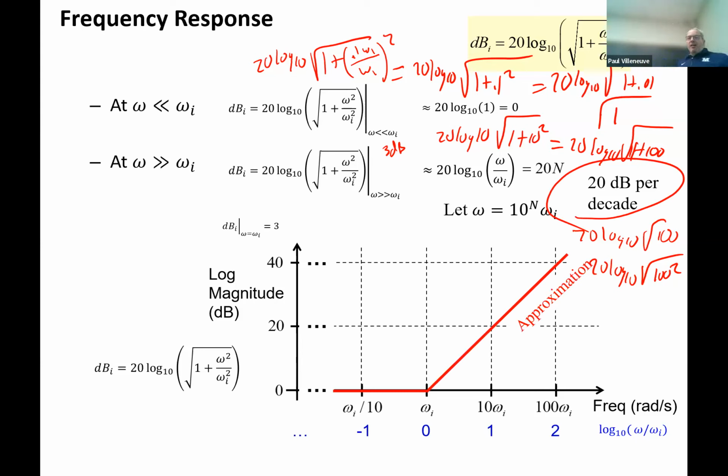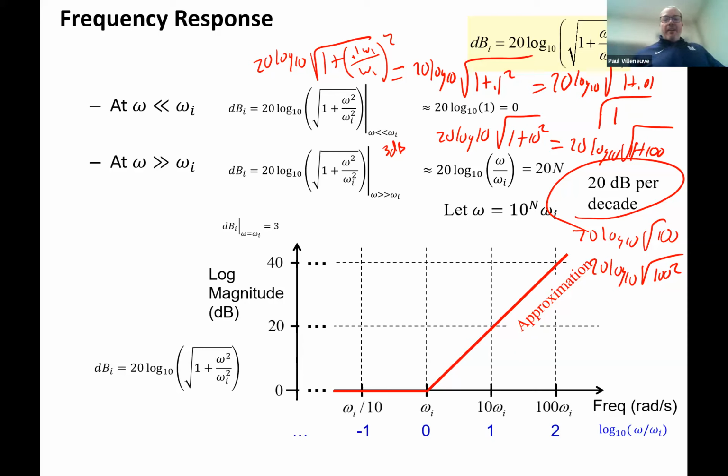So here's our approximation for our plot. For values much, much less than our break frequency, we're not going to contribute anything. We approximate it by saying all the way till we get to our break frequency, it's going to be 0.